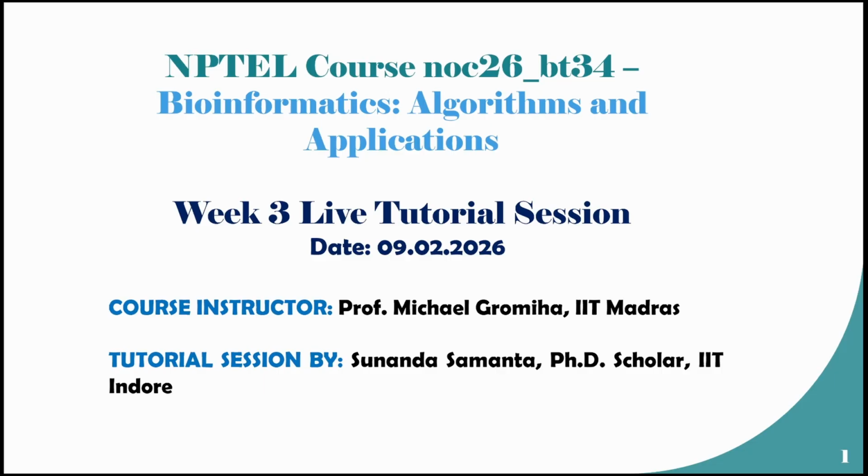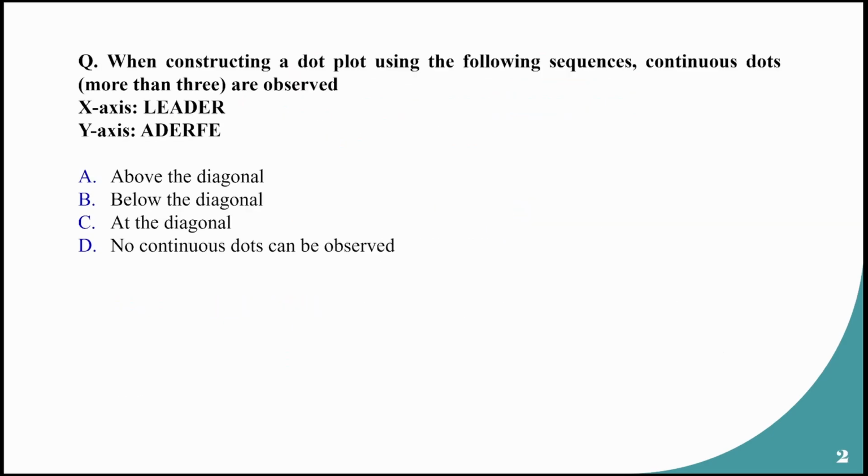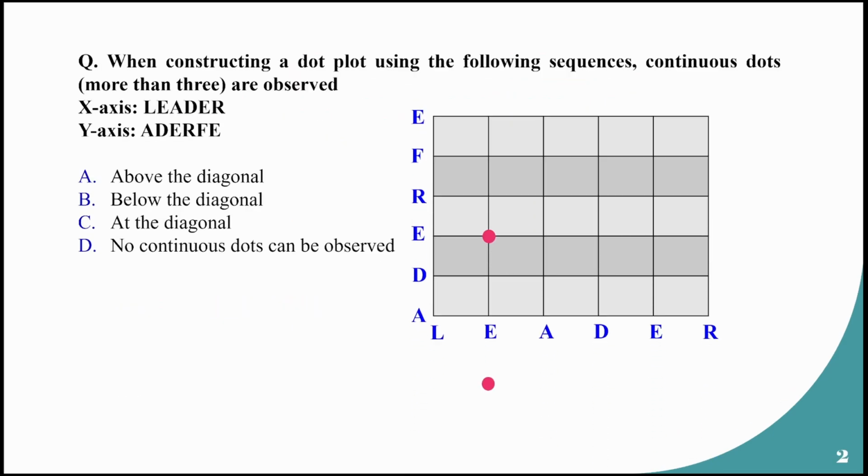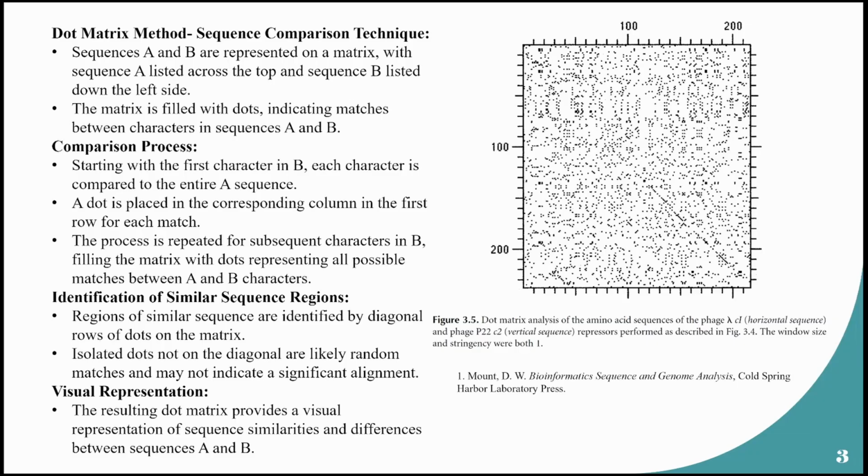Let us start briefly by covering what we started in our earlier TA session, which was about something called the dot matrix. In this series of visual representations of sequence alignment, there are first of all the simple methods like the dot matrix.